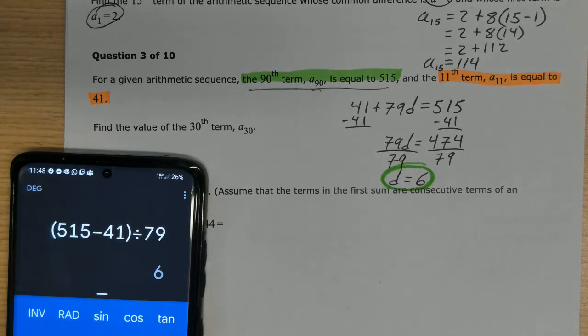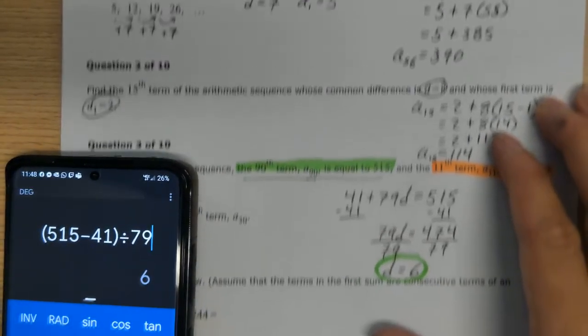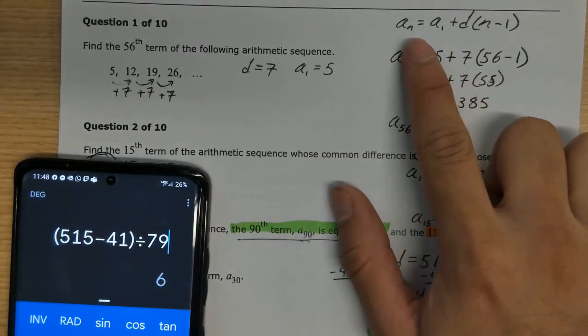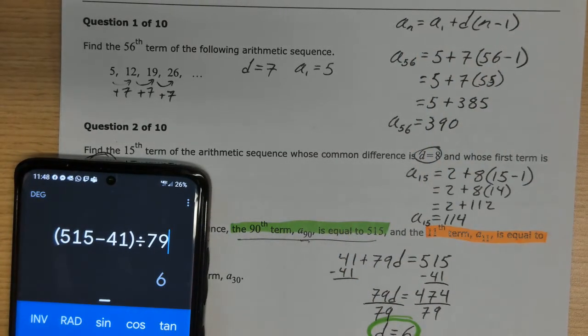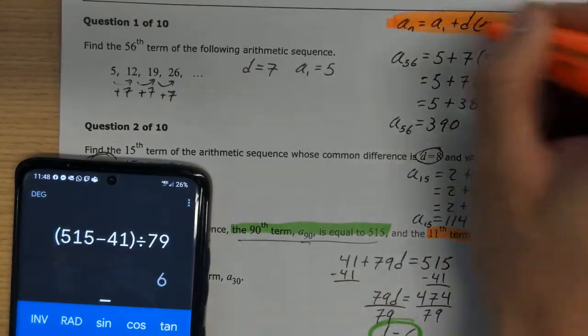Now this question is asking me to find the 30th term. Oh, and that's why you find the difference? To find the 30th term? Yes. I'm trying to use the main equation, the equation that you use to find any term.